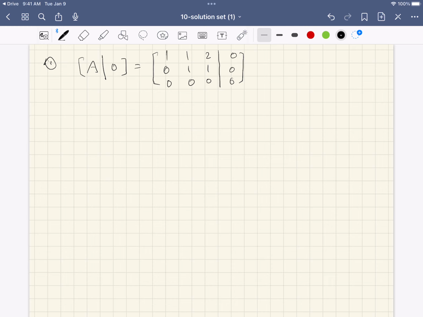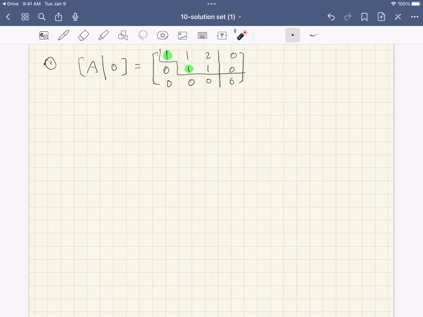Now we first look for a staircase shape. This is not REF because of this spot. I will mark two pivots in the first column and second column, and the third column has no pivot. In other words, x3 will be a free variable.